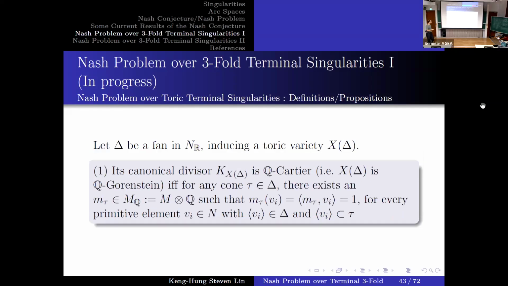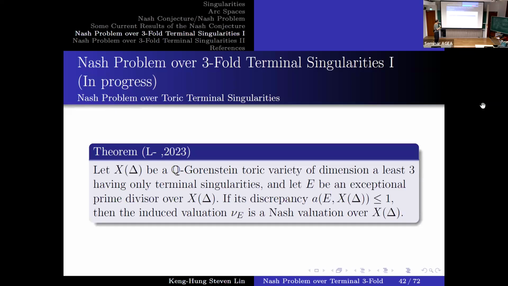Let me briefly sketch the proof. The proof is not hard. It is essentially that for toric varieties, discrepancies can be fully written in terms of valuations, so we just write it down and see how the computation works.